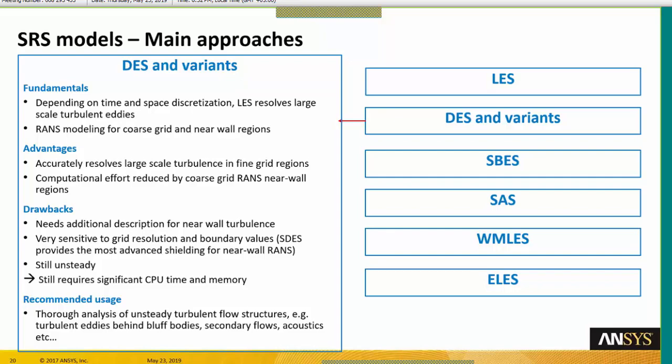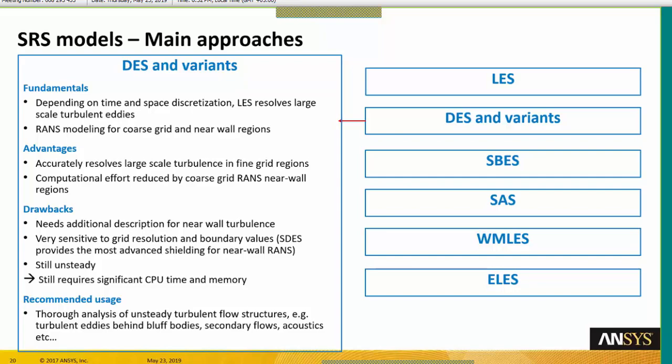Why? Because you will have a coarse-grid RANS near-wall region, which is affected only by the RANS model you are going to use there. For the drawbacks, obviously the near-wall turbulence that you calculate will have an impact on the core flow.